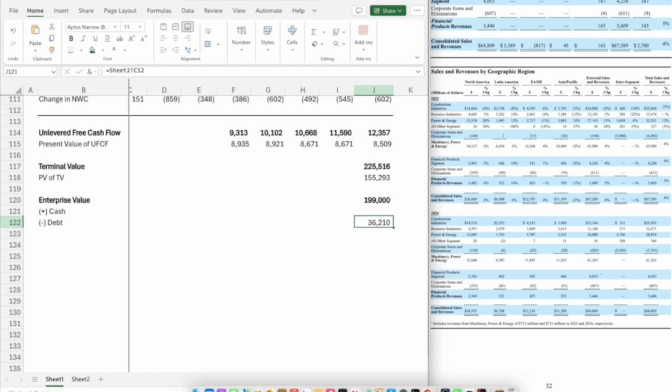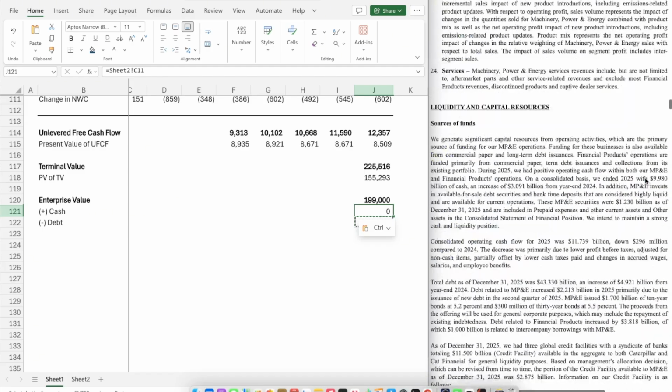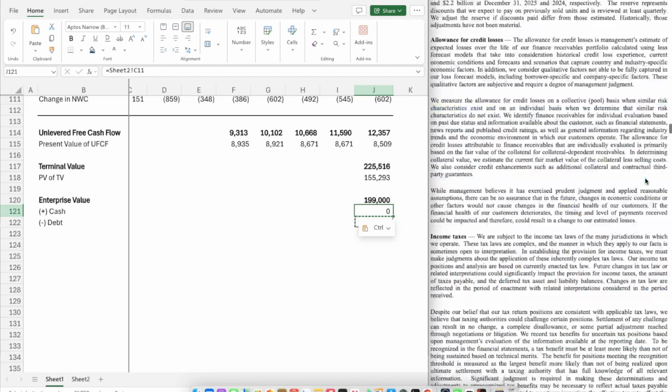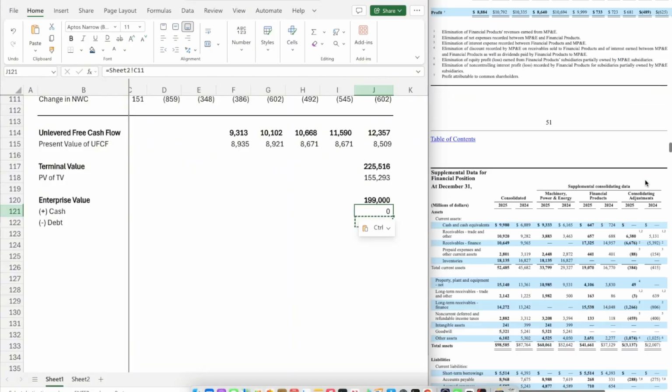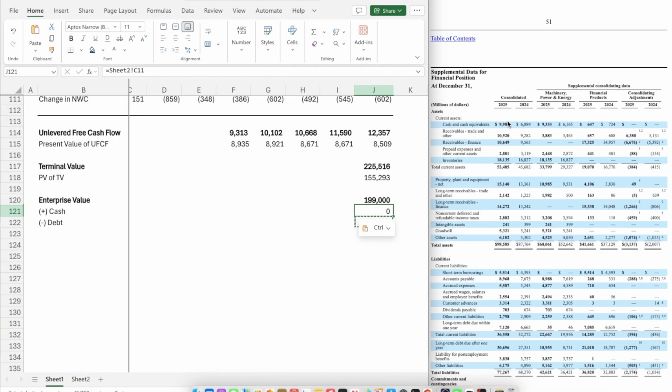Then for the cash, let's get onto the balance sheet, which is somewhere down here. We want this 9980.